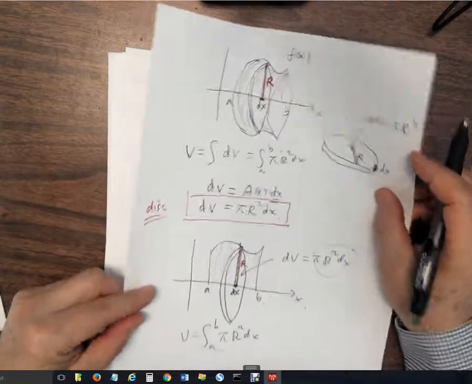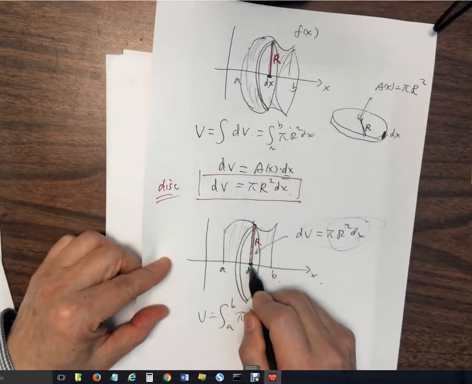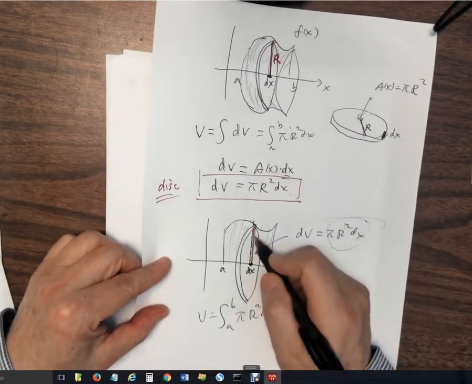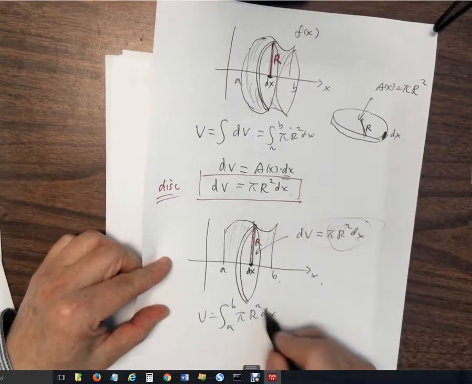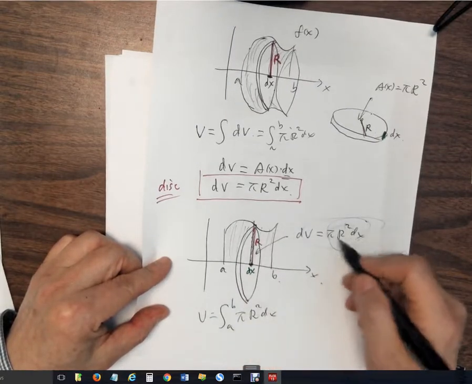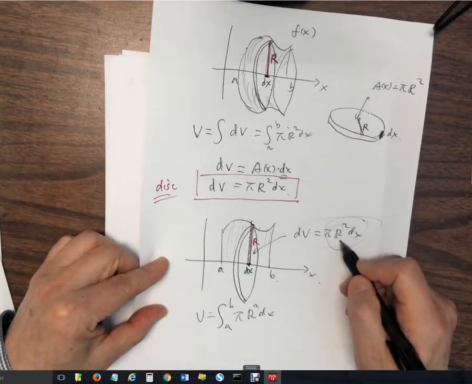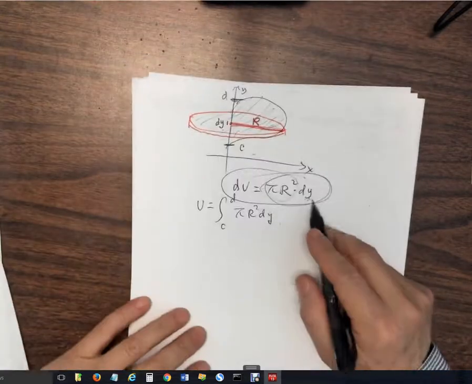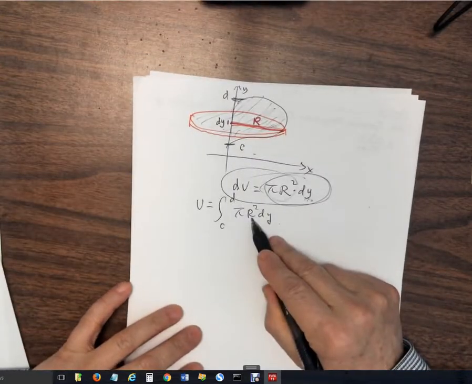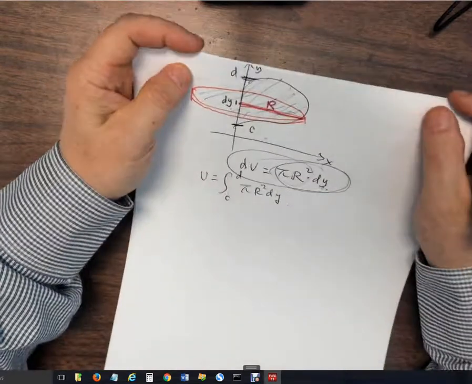Well, in this kind of situation, your thickness is dx, everything here or similarly here would be expressed in terms of x. So that'd be the integration variable we use, the x variable here, and the y variable here in this case, right? So how do we know whether we should have dx or dy?